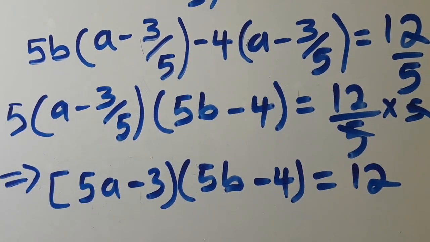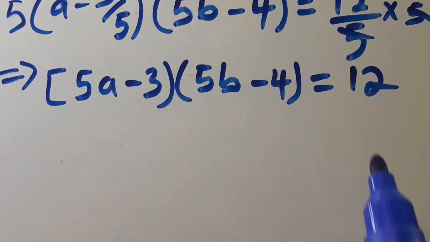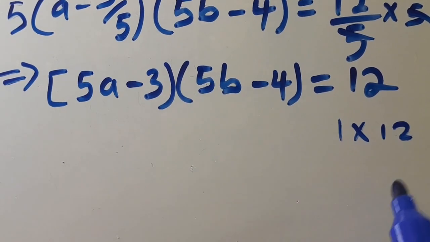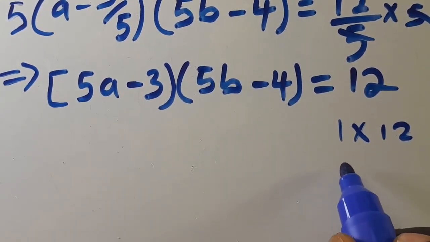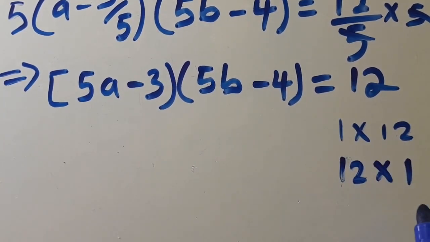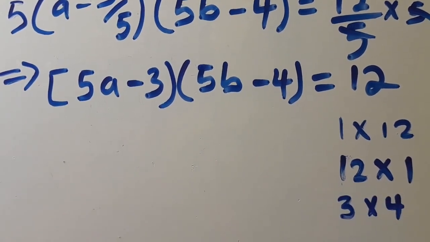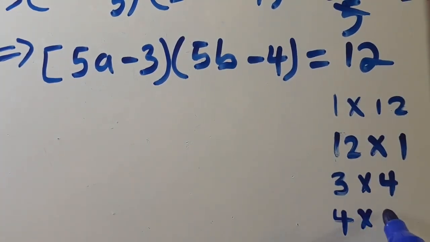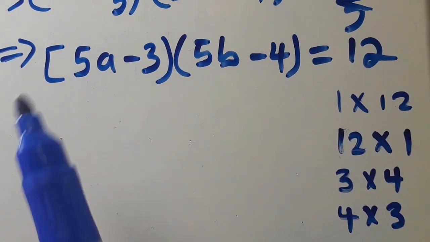Then from here, we have to do something reasonable. So we believe that 12 is equivalent to 1 times 12, or 12 times 1, or 3 times 4, or 4 times 3. Then let's consider the first one.